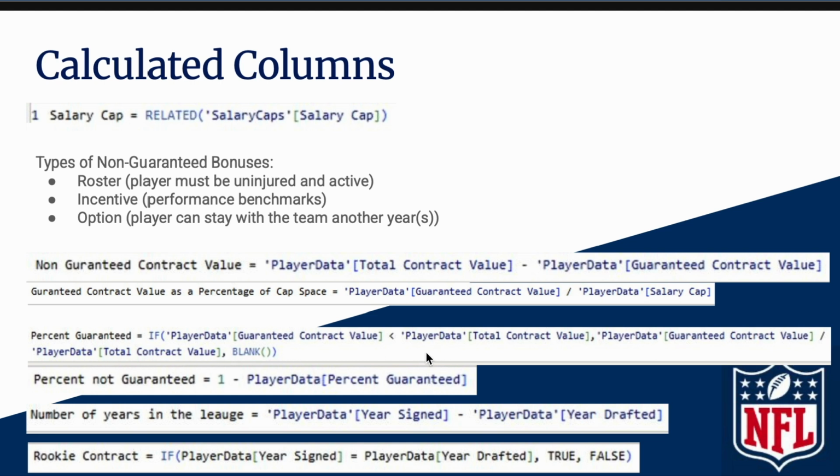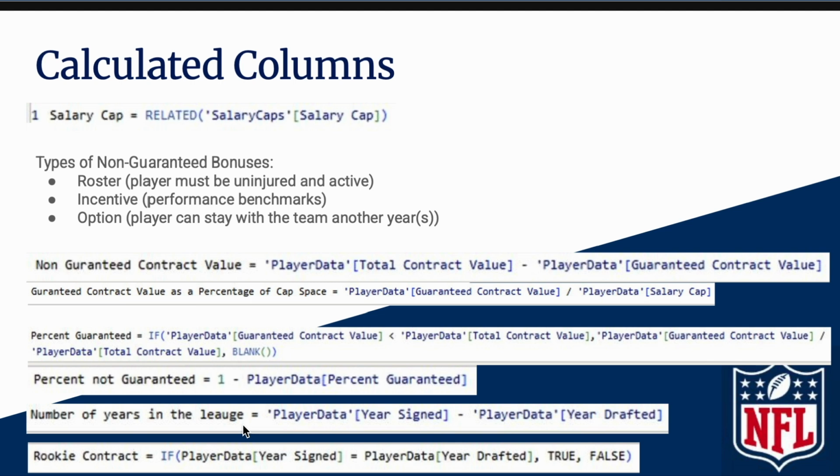But I noticed from visualization sometimes this is bigger than one, which should not happen. It means guaranteed contract value is bigger than the total. So I have this if statement here to see if that happens, and if it's an erroneous data point, I leave it blank so it doesn't end up in our visualizations. And some more calculated columns: percent not guaranteed, just 1 minus percent guaranteed.